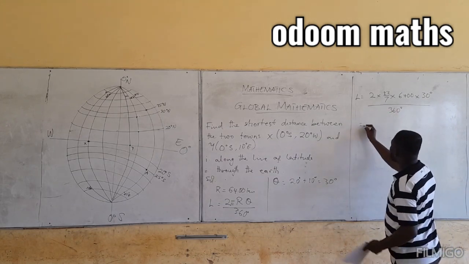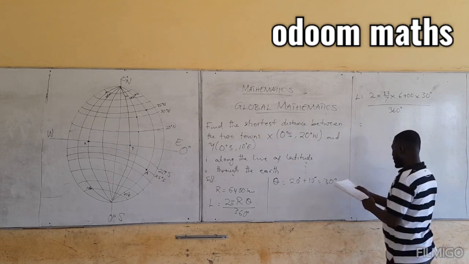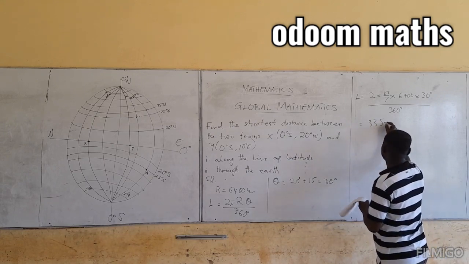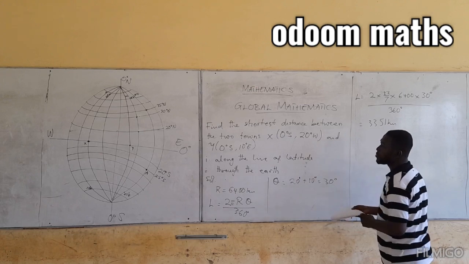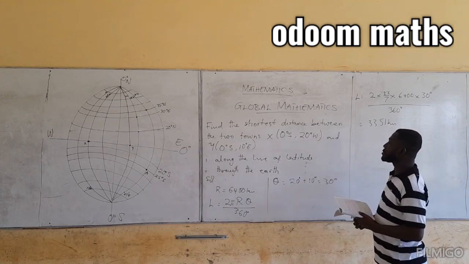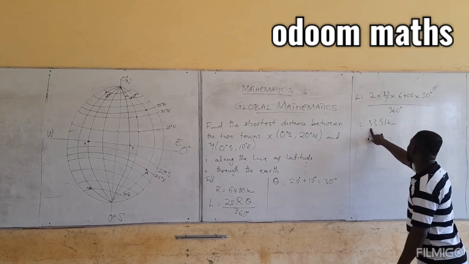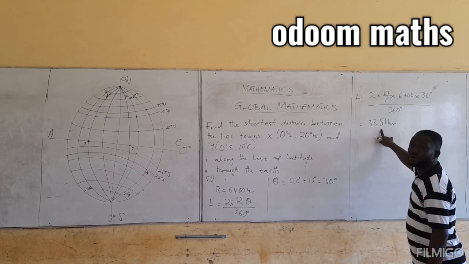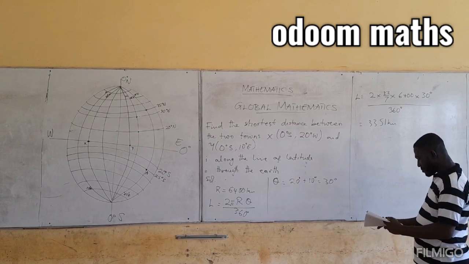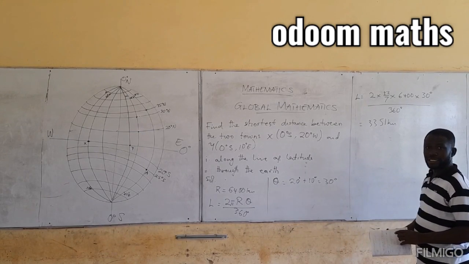And this on the calculator is going to give us 3,351 kilometers. So the distance between the two towns X and Y is 3,351 kilometers. So that is that.